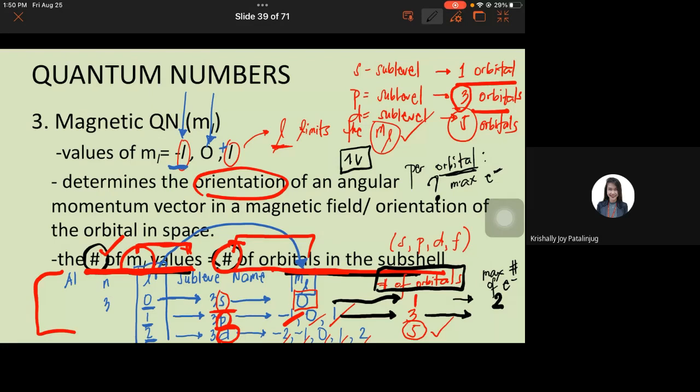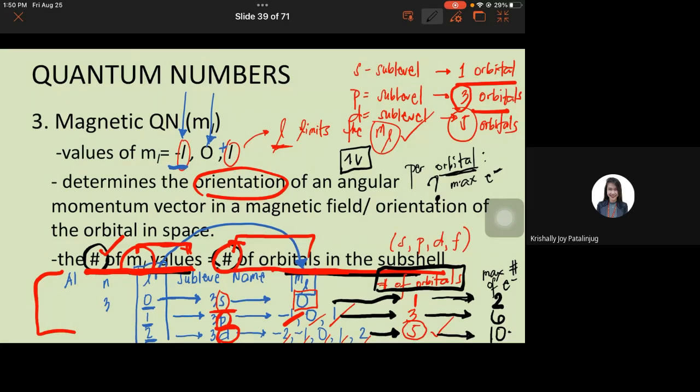Total of 6. All right. And then lastly, for the D subshell, there are a total of 5 orbitals, so the maximum number of electrons it can hold is 10. Okay. Very good. So that's the importance of the magnetic quantum number, or the M sub L.